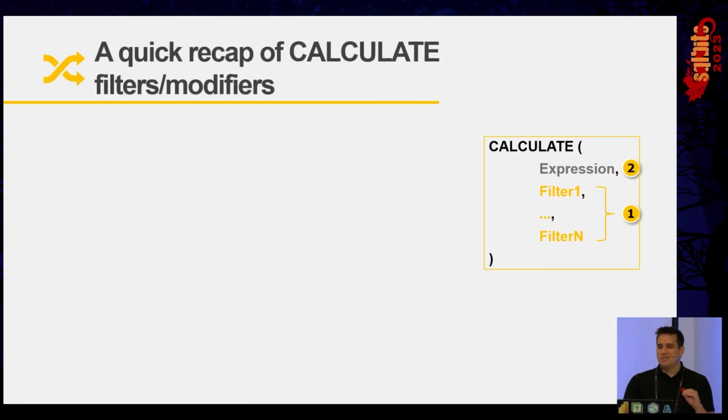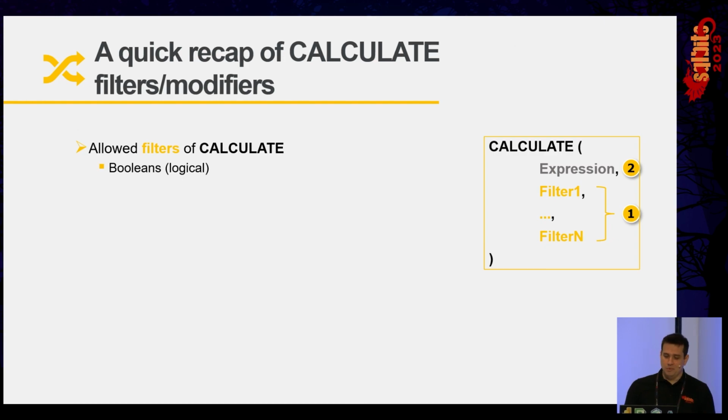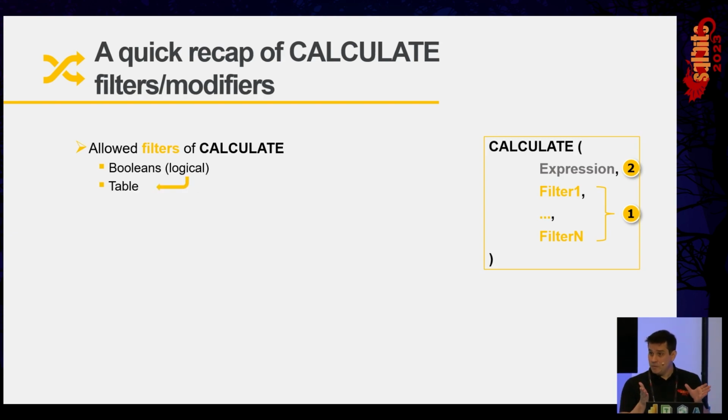So let's just do a quick recap of CALCULATE filters or CALCULATE modifiers that you can put in there. CALCULATE filters allow Boolean logical comparisons. As long as you're comparing columns within the same table, it can transform this Boolean logical expression into a table, which is the main kind of filter that you can pass through a CALCULATE statement.